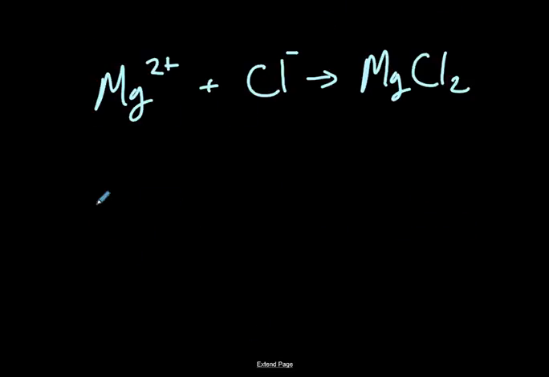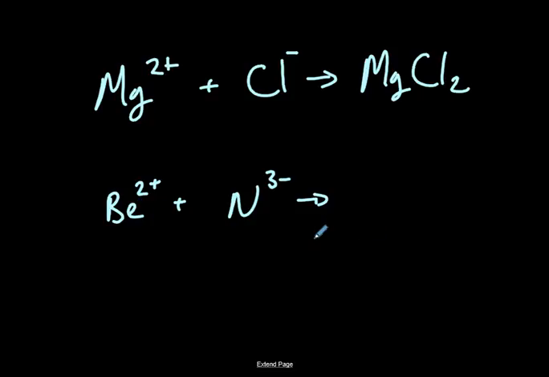Okay, let's try one more. How about beryllium and nitrogen? Well, beryllium gets a 2+. Nitrogen gets how many minus? A 3-, and that's just looking directly from the periodic table.